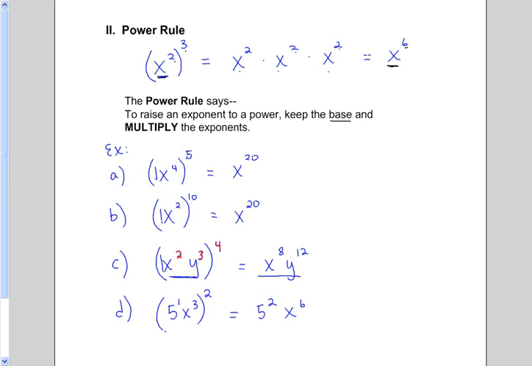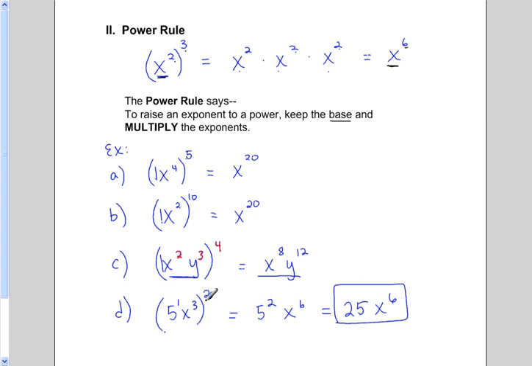But what is 5 to the second power? If you get a number raised to a power, you're going to need to simplify that. So 5 to the second power is 25, x to the sixth. That would be your final answer. So what you've got to remember is if there's a number in front of your variable, it's going to be raised to this outer power also.